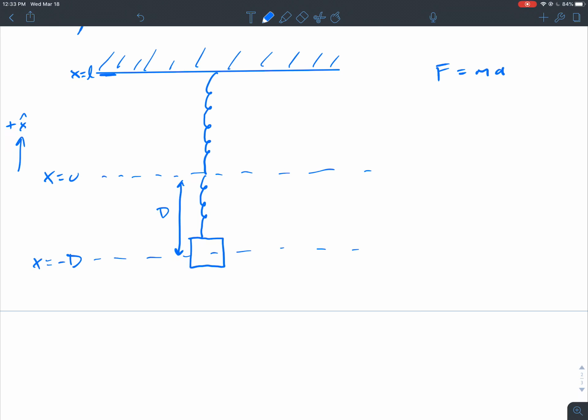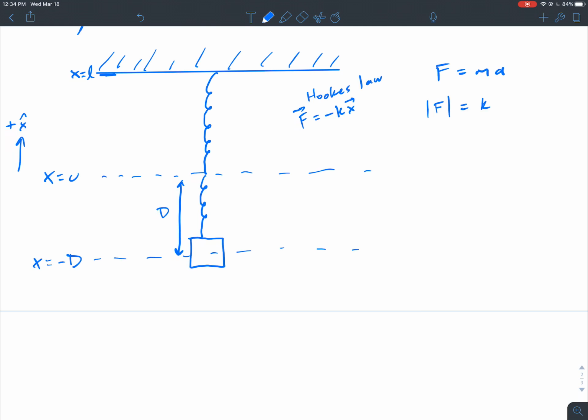Our force here, we'll just do magnitude of force. Hooke's law for a spring, F is negative kx.